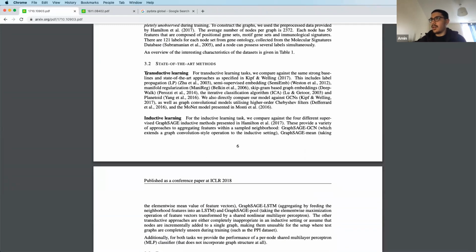So yeah, a number of different methods are used to baseline the model, including just a standard MLP. So just kind of forgetting about all graph structure and trying to classify nodes as just feature vectors by themselves.